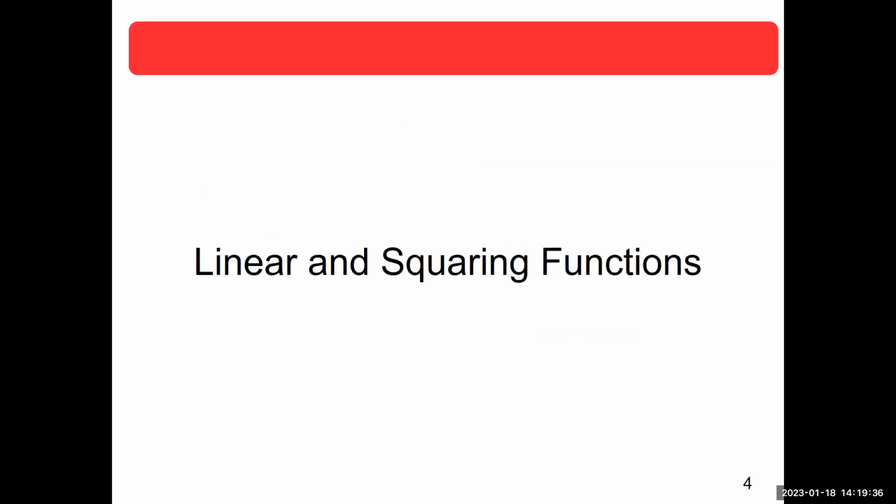Linear and squaring functions. We've been studying this. We said linear means a line. Squaring means quadratic, parabola equation.